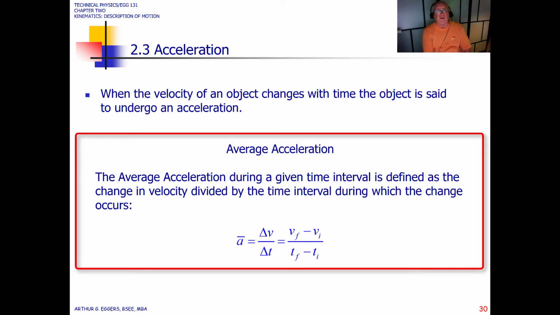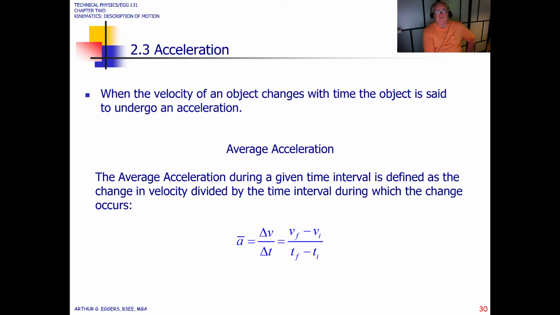The second derivative, or the second factor that occurs here, is now we're going to take the change in velocity over time. So we have the same type of mathematical expression, but now it's velocity final minus velocity initial divided by the interval of time, final time minus initial time.